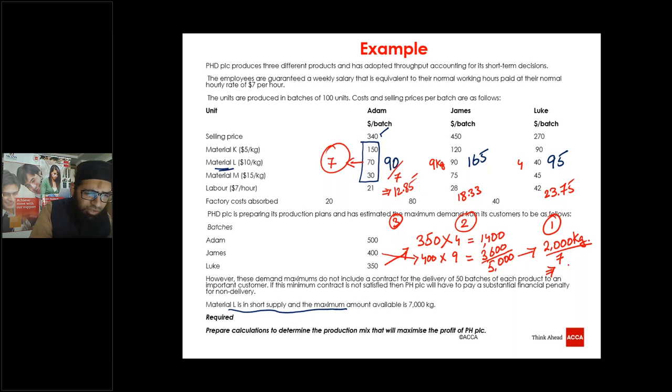Remember that in case of units, we will always round down. So this will be 285 units. So this will be my production plan.